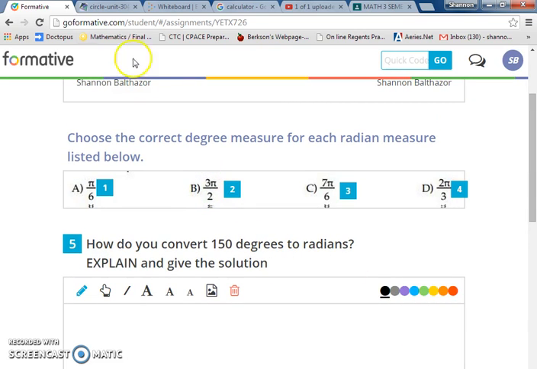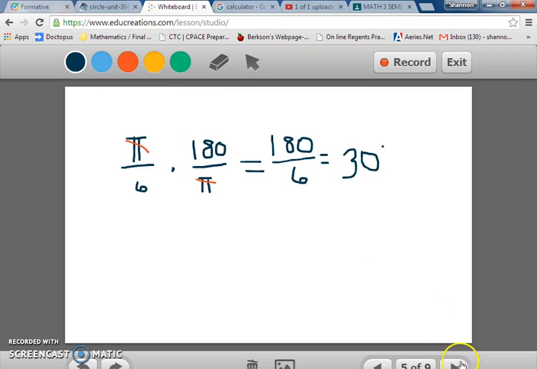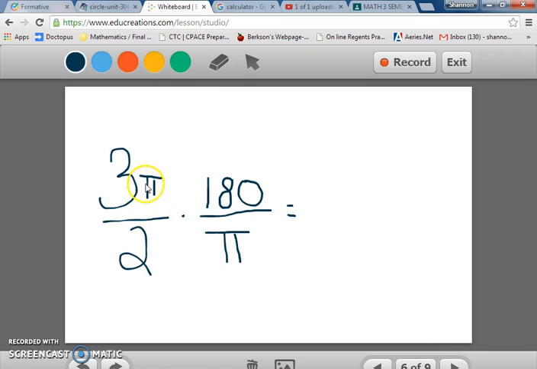For 3 pi over 2, we're in radians, so we need to convert it to degrees by multiplying by 180 over pi. The pi values are going to cancel. We're going to have 3 times 180, and then divided by 2. We can also cancel ahead of time, so we can divide 2 into 180, and we can get 90.